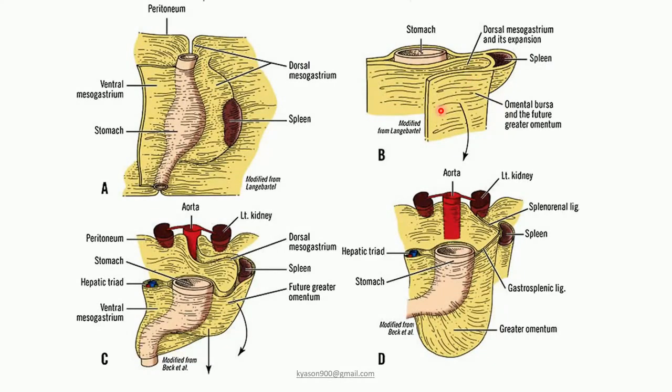For example, this connective tissue here we shall later know as the gastrosplenic ligament, and this one here we shall later know as the splenorenal ligament, connecting the spleen to the kidney, while the other ligament connects the spleen to the stomach. All these are derived from the dorsal mesogastrium during the rotation. They have to form so that the spleen can be held firmly in position.